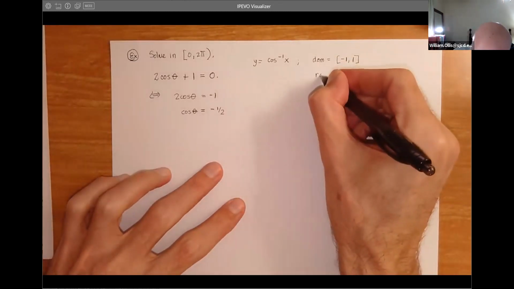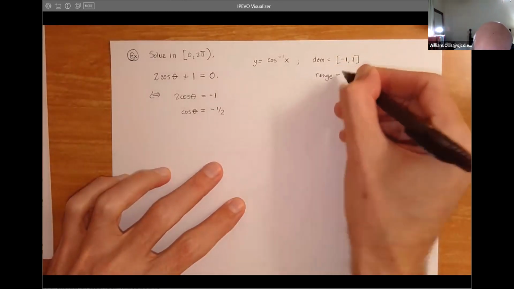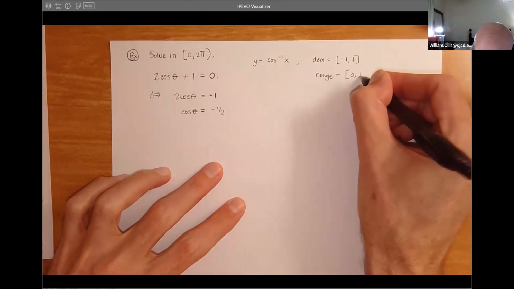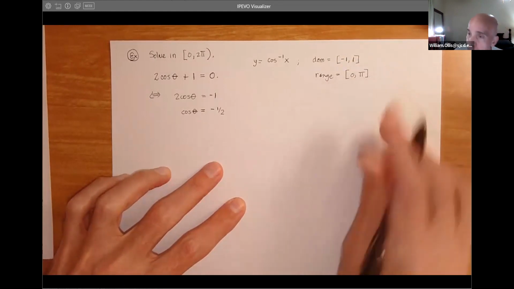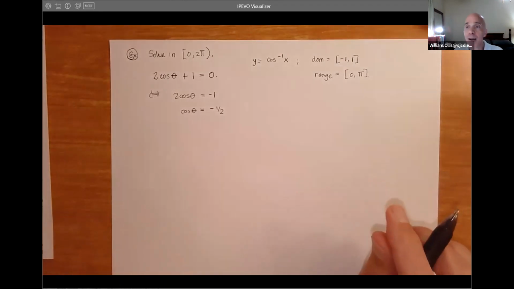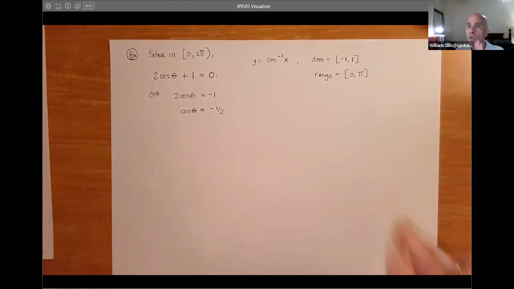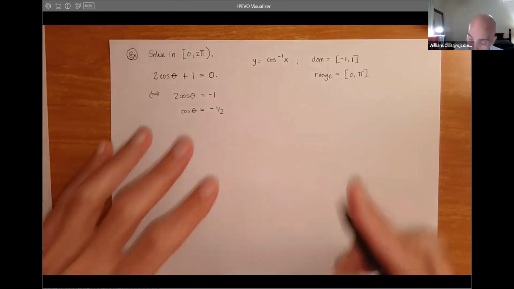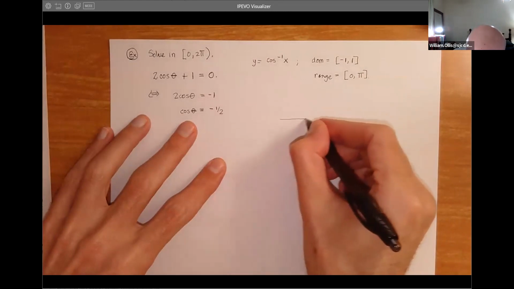So what is the range? The range here is 0 to pi. Again, this is a definition. This is how we define the inverse cosine. We restricted the domain of cosine to make it 1 to 1. And once we have a 1 to 1 function, we automatically have a reverse path. That reverse path we call the inverse function. So what did it look like?